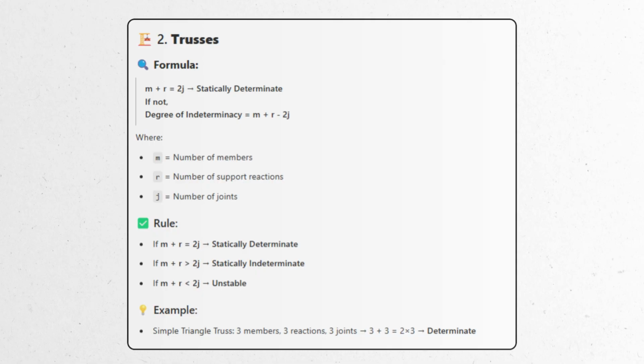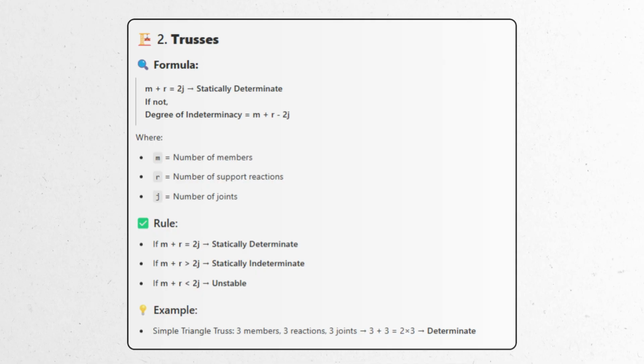If the value of D is 0, the truss is statically determinate. If D is greater than 0, the truss is statically indeterminate. And if D is less than 0, the truss is unstable.